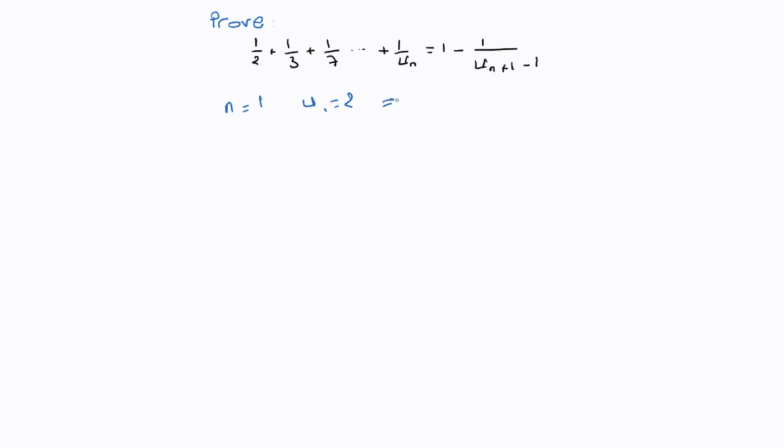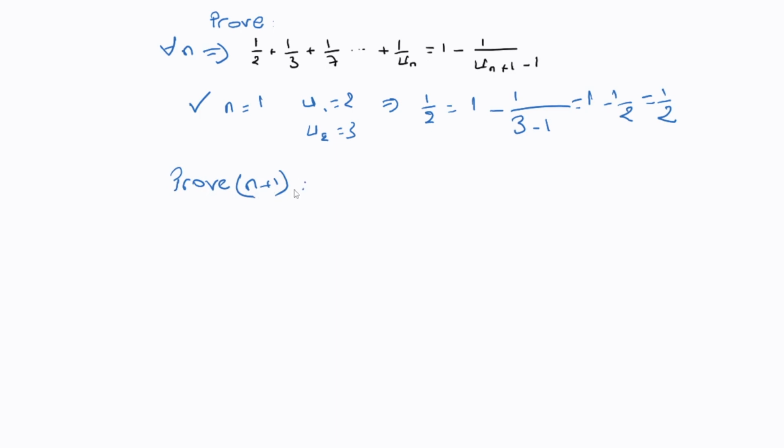So we have 1 divided by 2 is equal to 1 minus 1 divided by U2 minus 1, U2 equal 3. So 3 minus 1, which is equal to 1 minus 1 divided by 2, which is equal to 1 divided by 2. So this is correct for n equal 1. We suppose that for n, this one is correct. So we should prove that the equation for n plus 1 is correct.